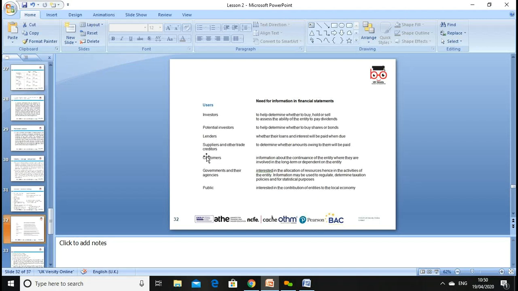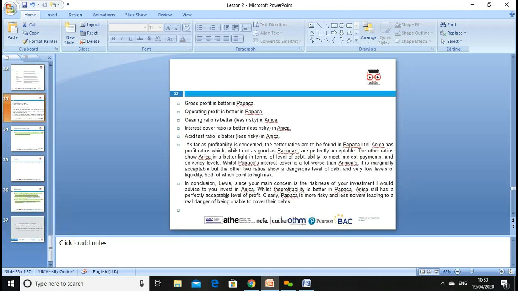Lenders decide whether to give the loan. Suppliers decide whether to give credit or not. Customers decide whether to deal with the company or not, because if they're giving you a sale guarantee and the company will liquidate, what's the point of the sale guarantee, the product warranties and guarantees? So we need to look at those, government agencies and various other stakeholders. Then we discuss how we prepare the ratios of Paprika and Anika.